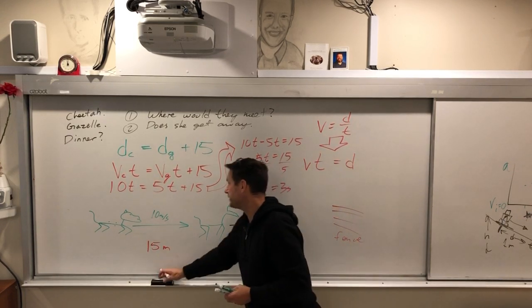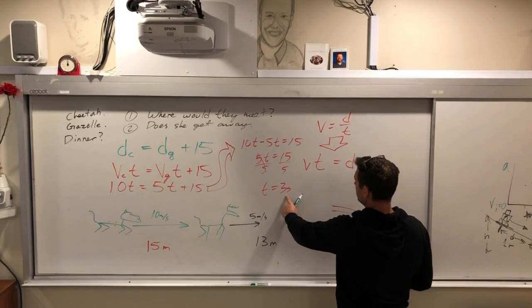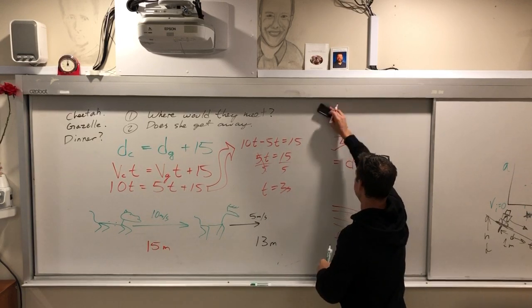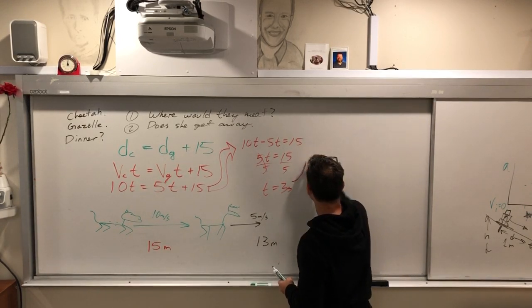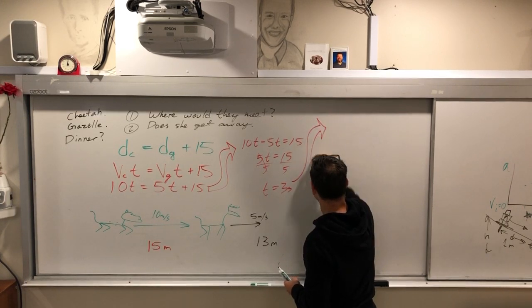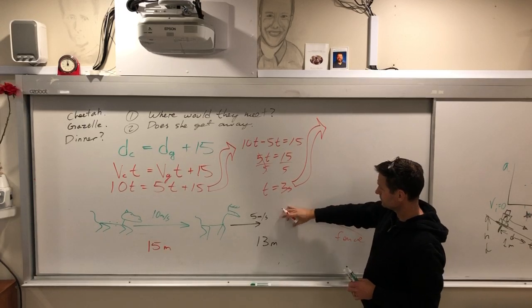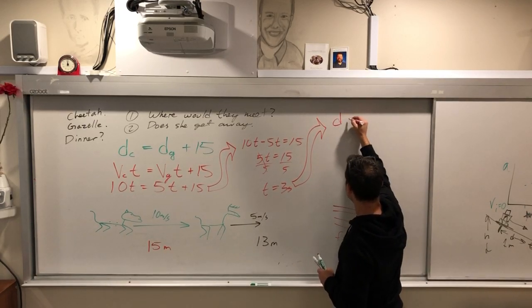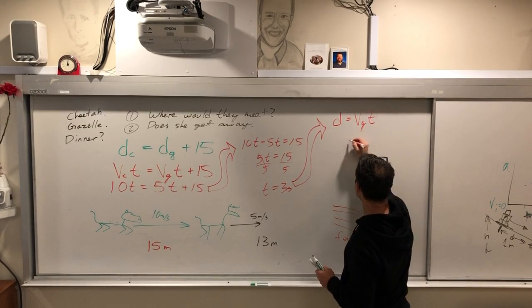Okay, so let's find the distance that the gazelle will have run in that time. We'll see if she gets by the fence or not. I'm just going to go up here again. So the gazelle's distance, her displacement, is equal to her velocity times the time.